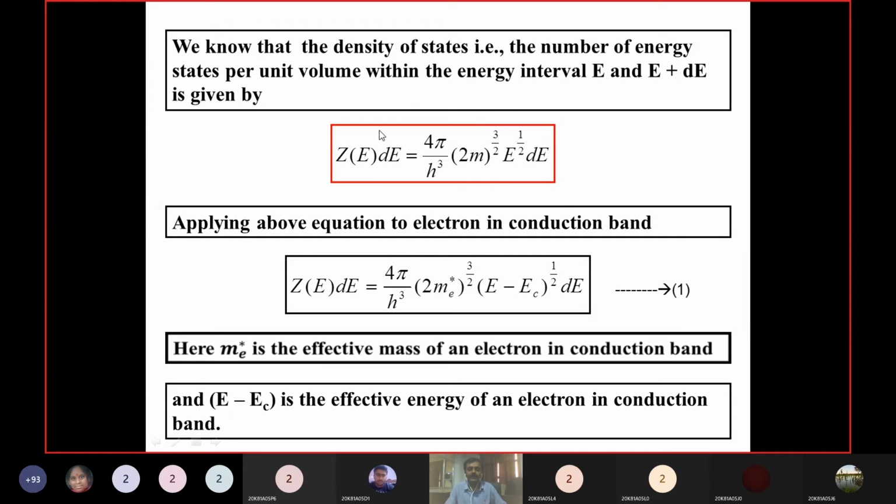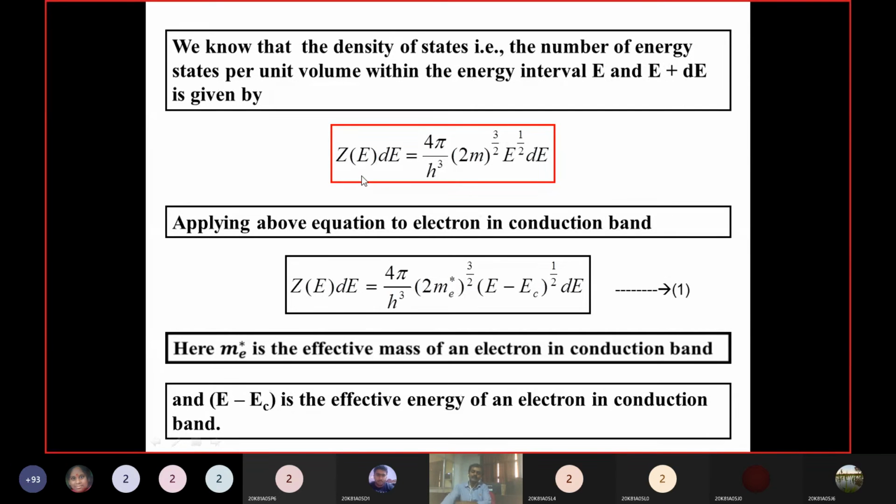The density of states Z(E) dE is equal to 4 pi by h cube into (2m) whole power 3 by 2 into E power 1 by 2 dE. Here E means the energy of the electron or kinetic energy of the electron.